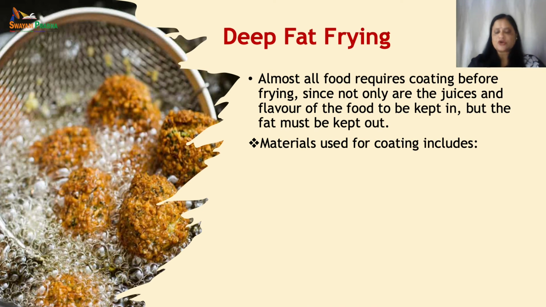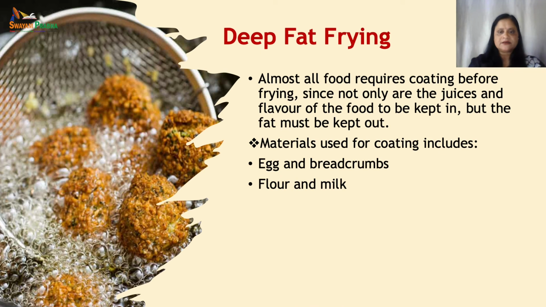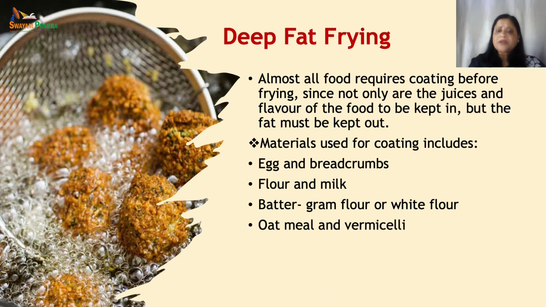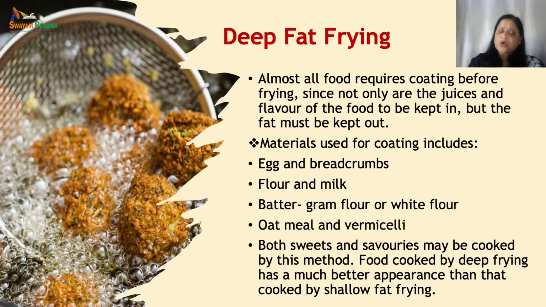Materials used for coating include egg and breadcrumbs, flour and milk, batter which could be of gram flour or white flour, oatmeal and vermicelli. Both sweets and savories may be cooked by this method. Food cooked by deep frying has a much better appearance than that cooked by shallow fat frying.